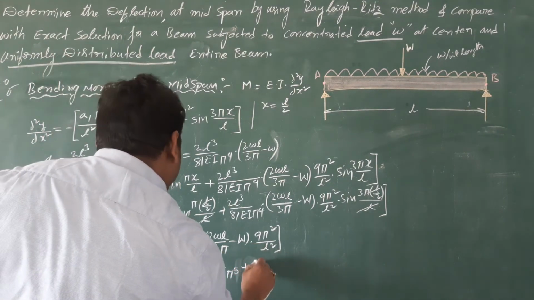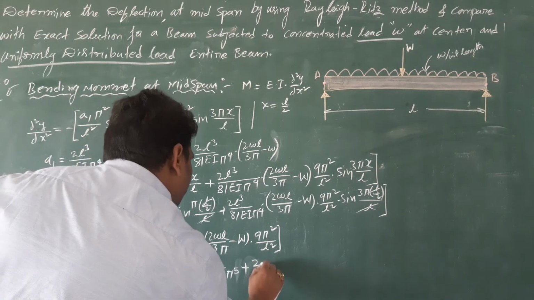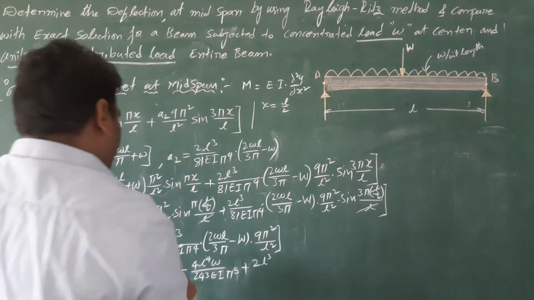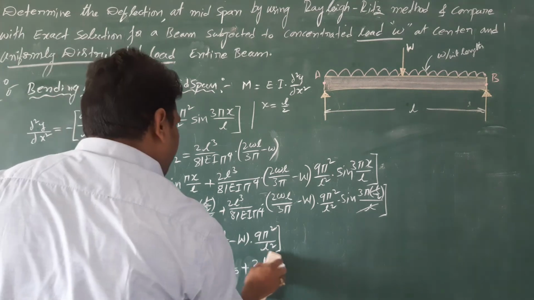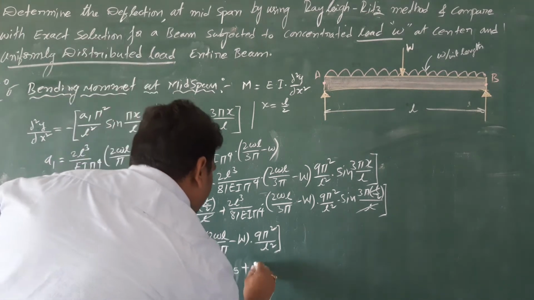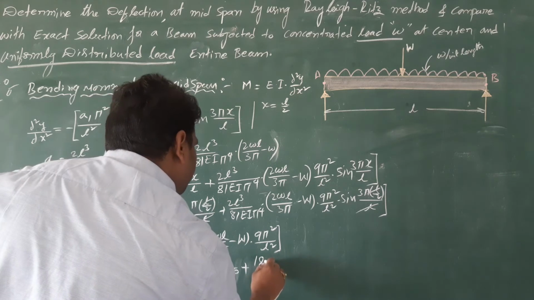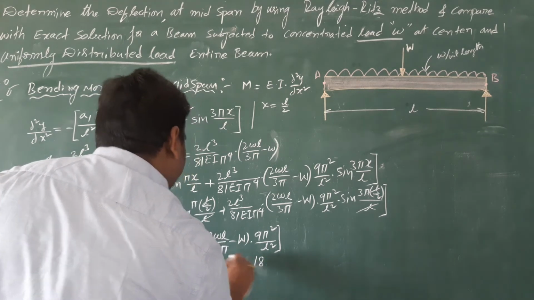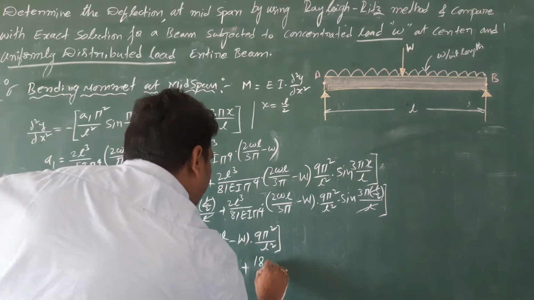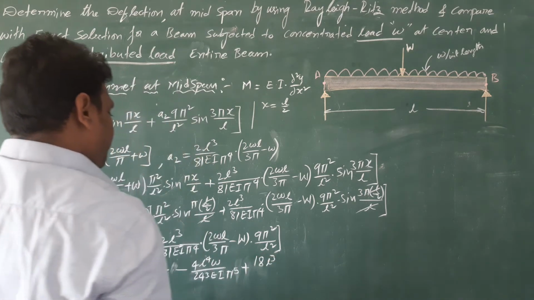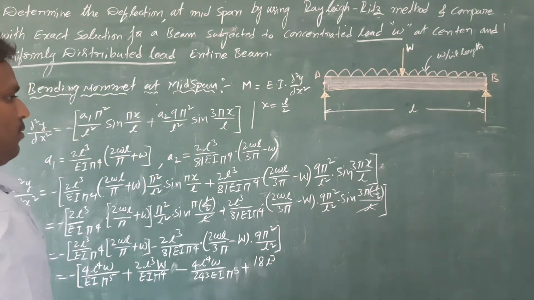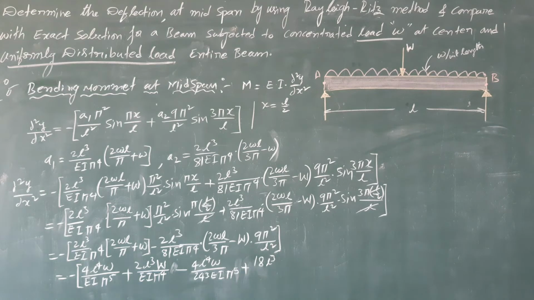Plus 2 L cube, 2 into 9 that is 18 L cube. Pi square is there.